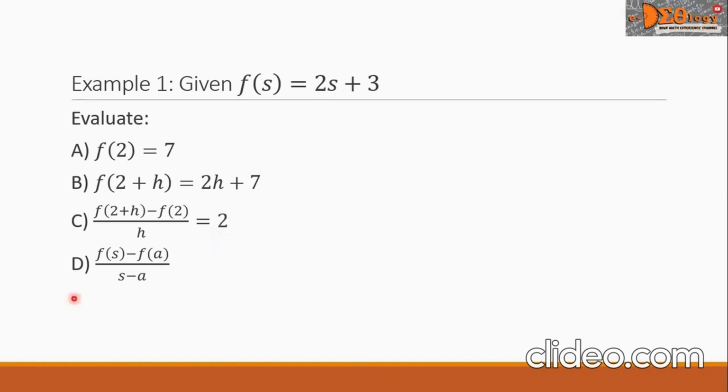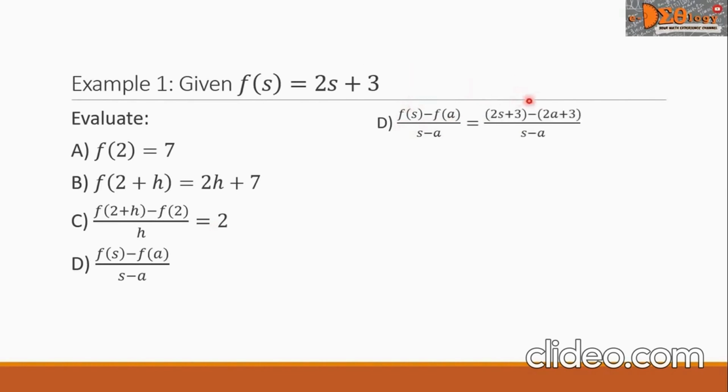Then let's go to problem D. The fraction is f of s minus f of a all over s minus a. The f of s is the original problem, so we can copy it here, the 2s plus 3.